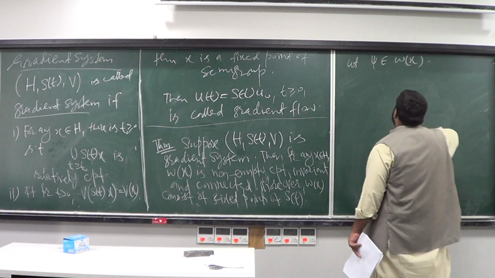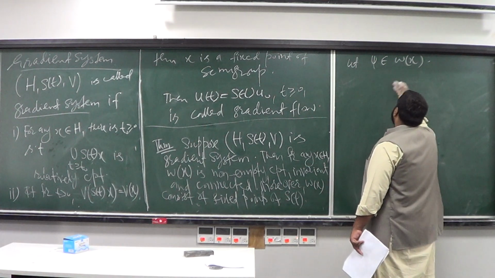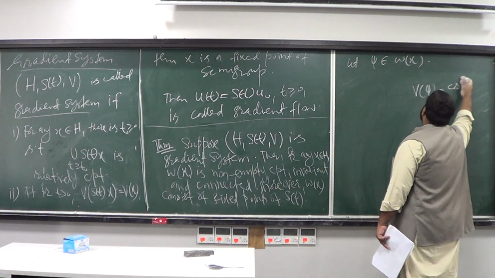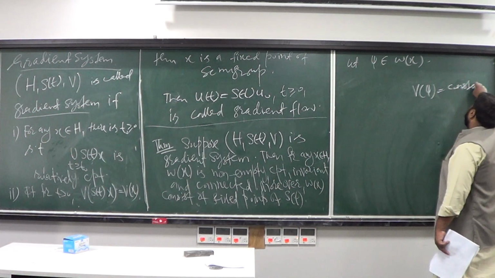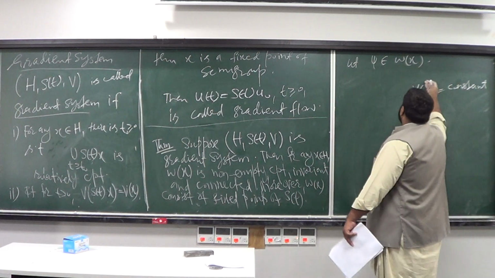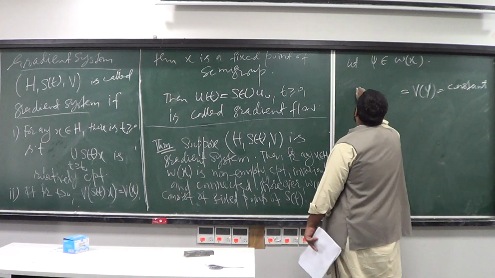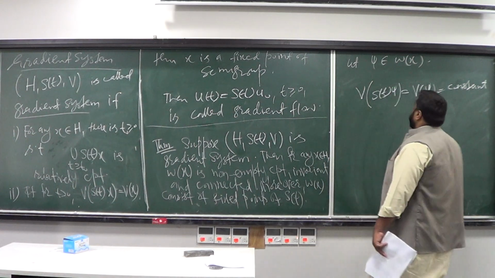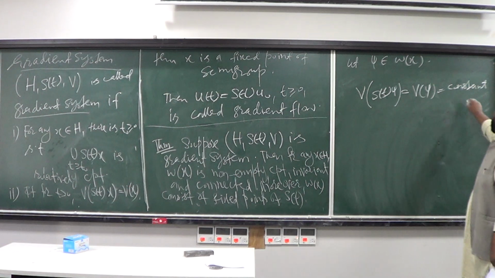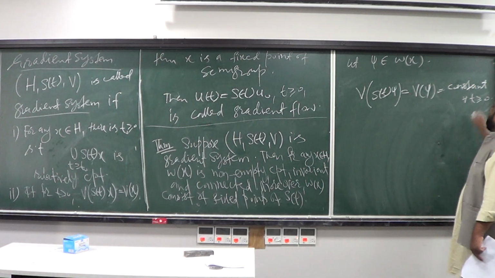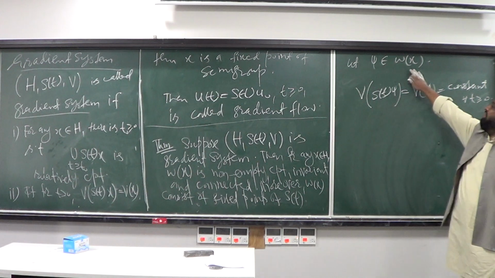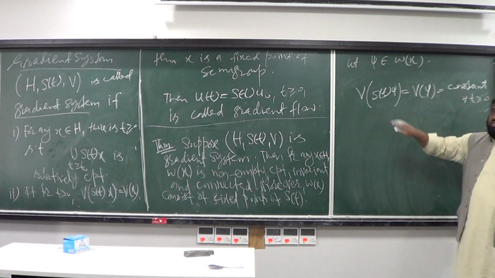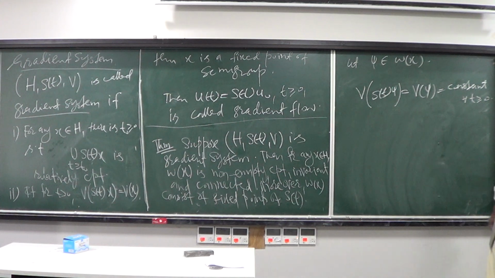We proved that V of psi is constant, and it's not only constant, but it's equal to V of S of t operated onto psi, for all t bigger than or equal to 0. So V on every single element of the omega limit set is constant, and this is also true. So we showed it.